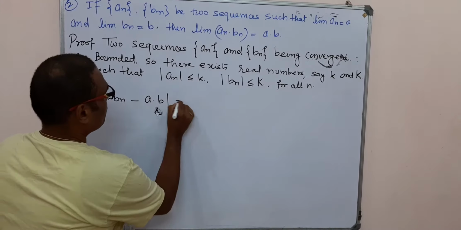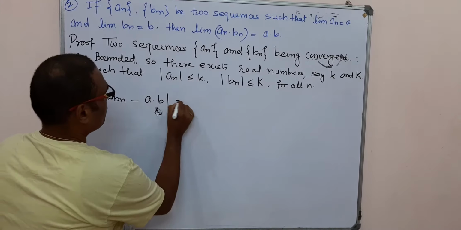And the second one is the mod of b_n minus b is less than epsilon by 2 small k for all n greater than or equal to m2.